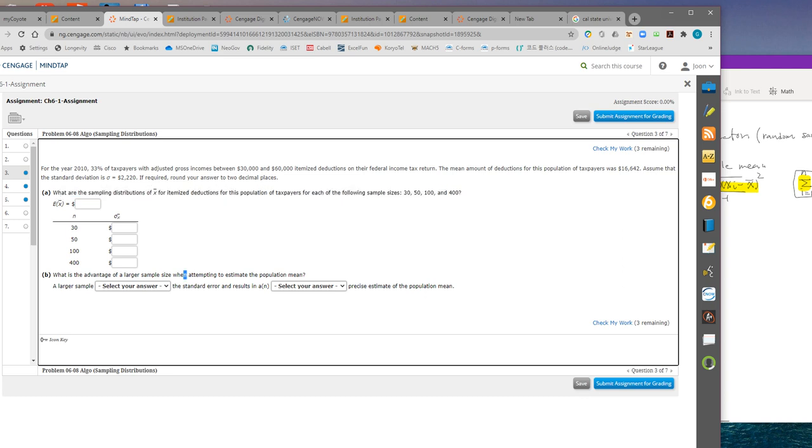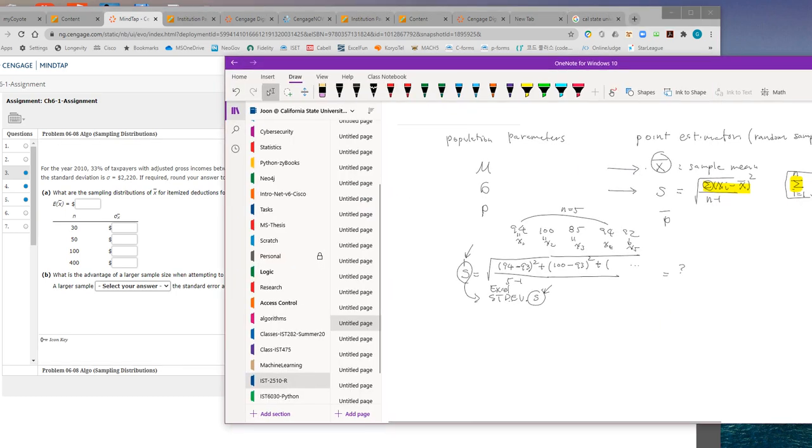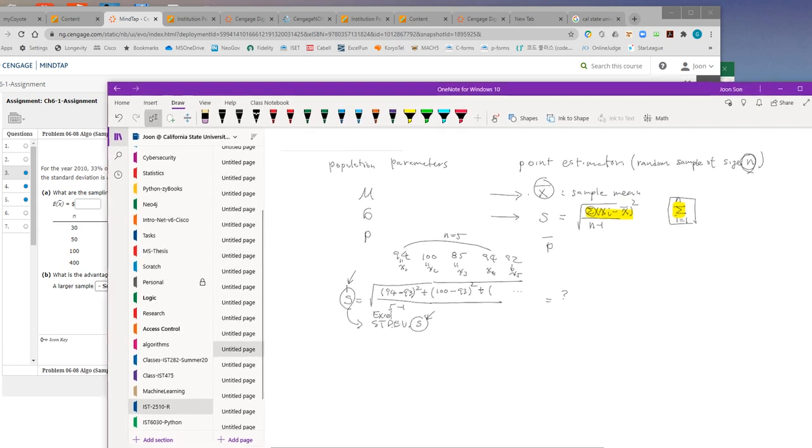So basically, you need to find the expected value of this random sample, right? And then for each n, when n varies, you have to find the sampling distribution of x bar, right? Okay.